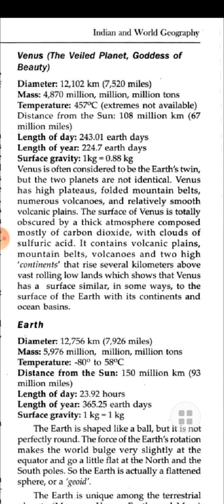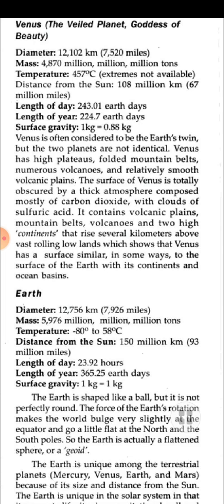Venus is often considered the Earth's twin, but the two planets are not identical. Venus has high plateaus, folded mountain belts, numerous volcanoes, and relatively smooth volcanic plains. The surface of Venus is totally obscured by a thick atmosphere composed mostly of carbon dioxide with clouds of sulfuric acid.